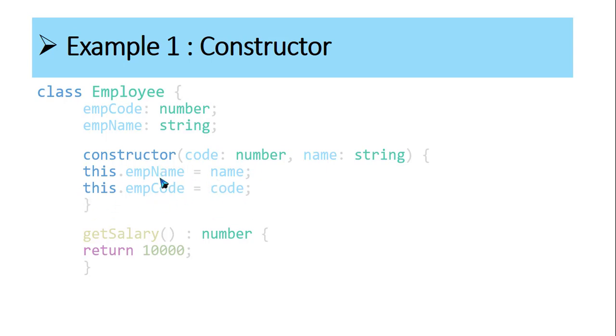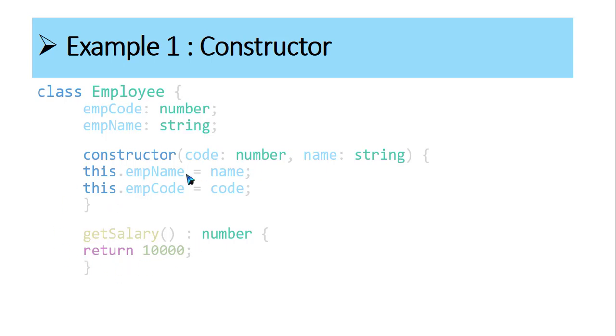So we are assigning the values of the formal arguments to the instance variables. Here the this pointer is used to differentiate between your instance variable and local variable. Another method is defined, getSalary colon number, the return type is number, and we are returning 10,000.